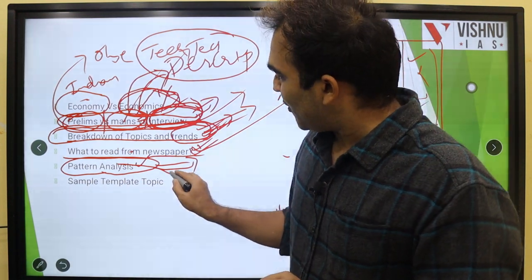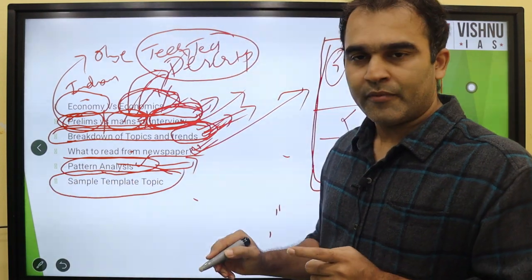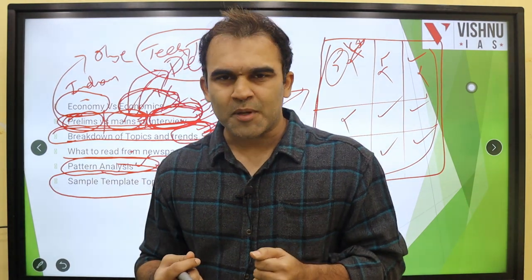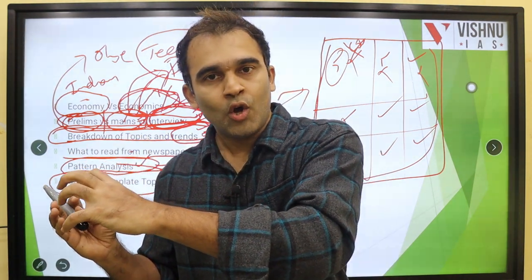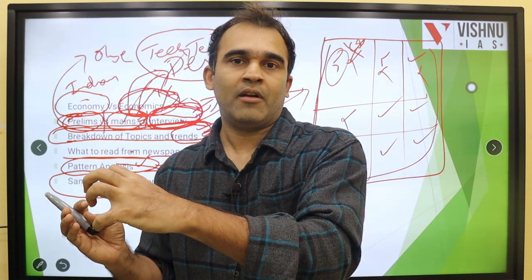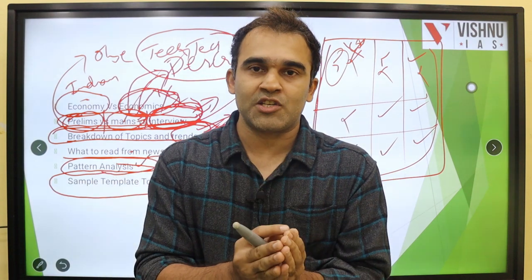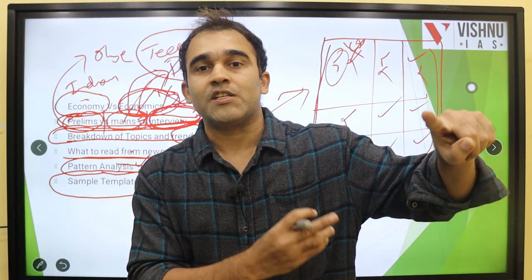And finally, I will also be taking a very recent current affairs topic. See, the whole issue is everyone can read a newspaper, everyone can read a newspaper article. But how are you going to take out those points which are relevant for the exam in each of the respective stages? Remember that.